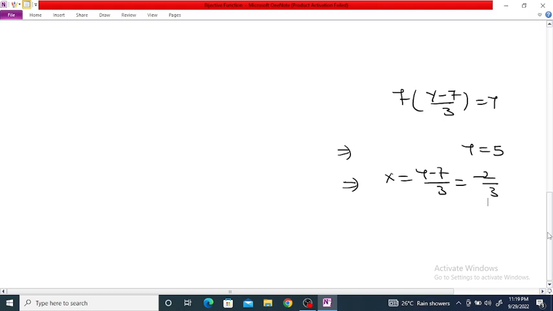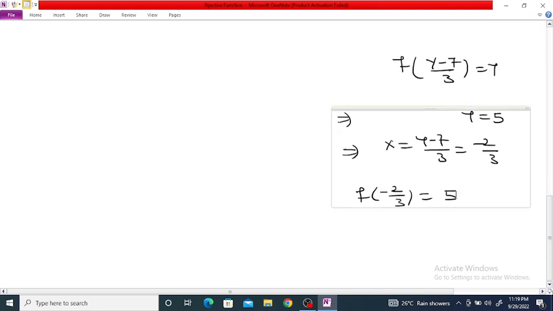So f of minus 2 by 3 is equal to 5, and therefore this 5 has the pre-image minus 2 by 3.